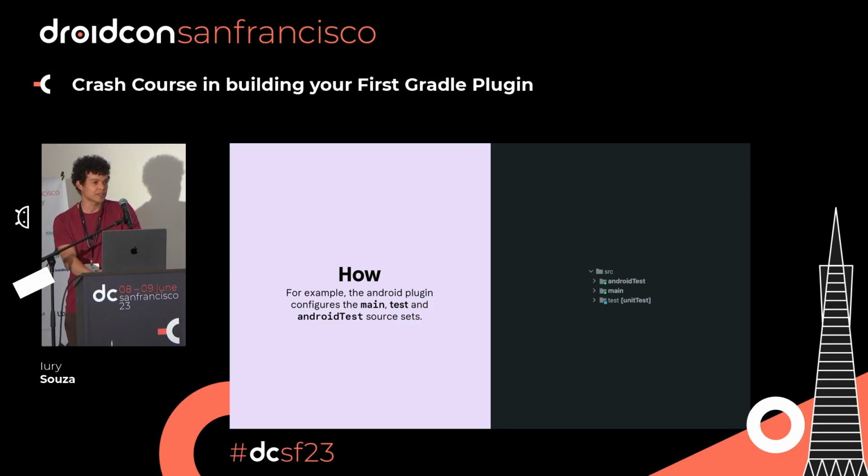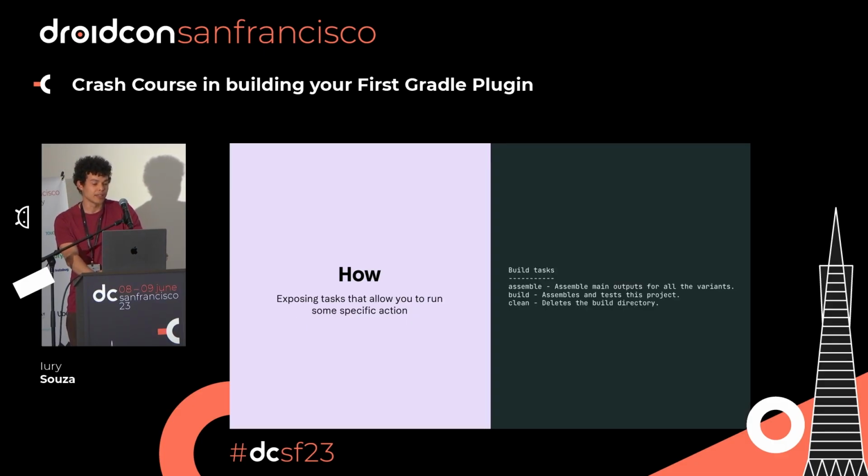This happens when you apply the plugin, during the configuration phase. The other way is that it adds additional tasks to your build. For instance, when you apply this Android plugin, you get these tasks: assemble, build.